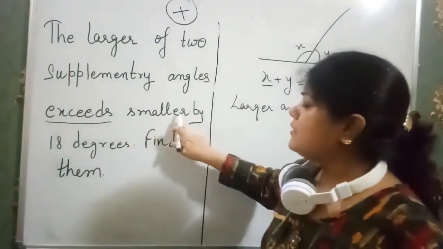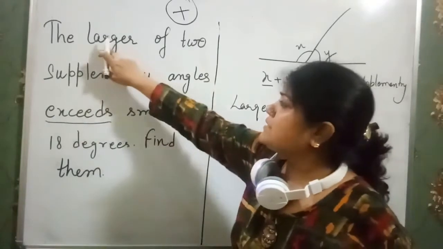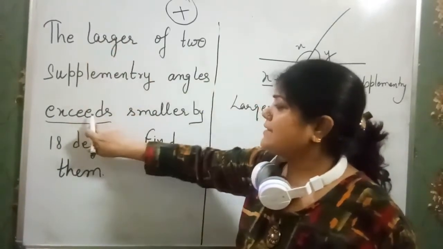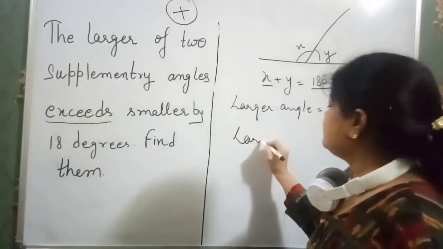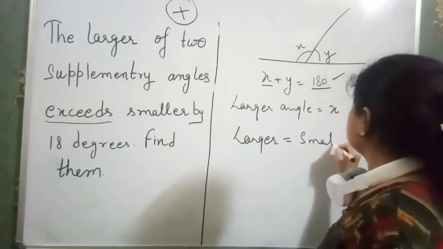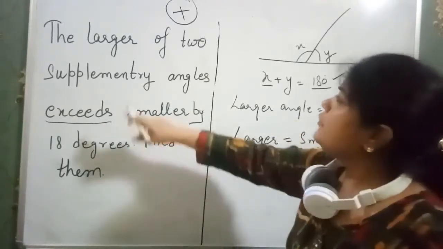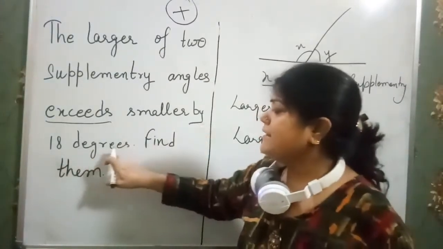Exceeds the smaller by 18 degrees. Now how will you arrange? Just see, the larger exceeds the smaller. That means larger is equal to smaller. I told you exceed means plus, by 18 degrees.